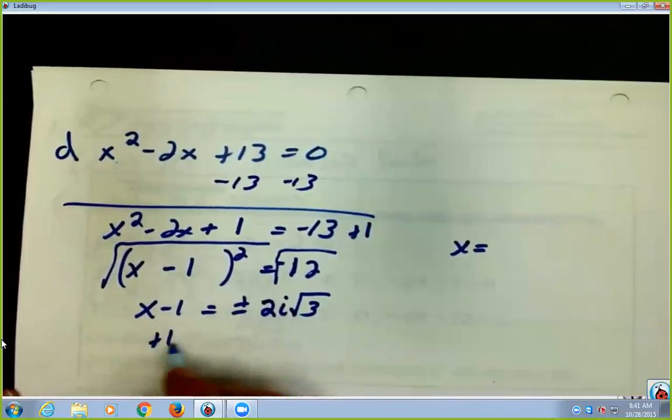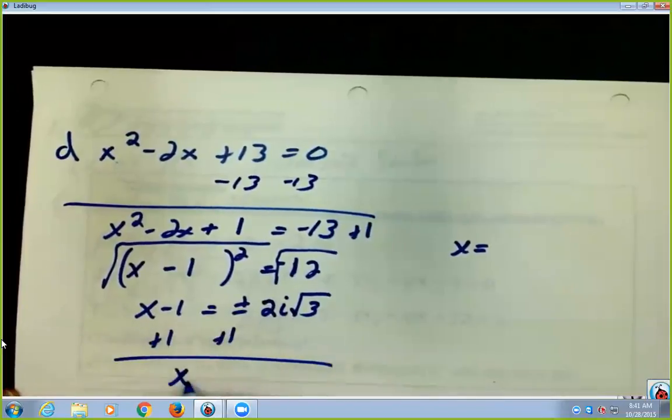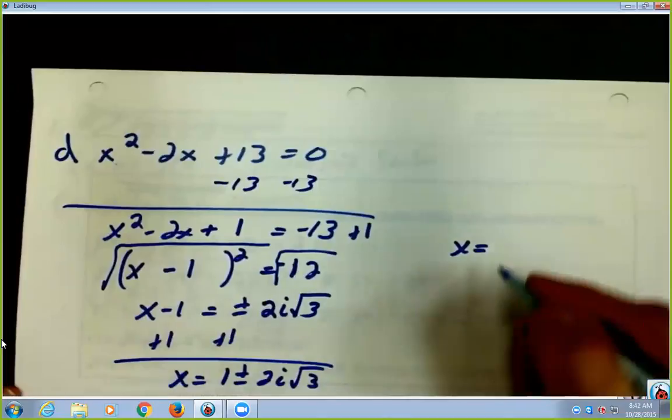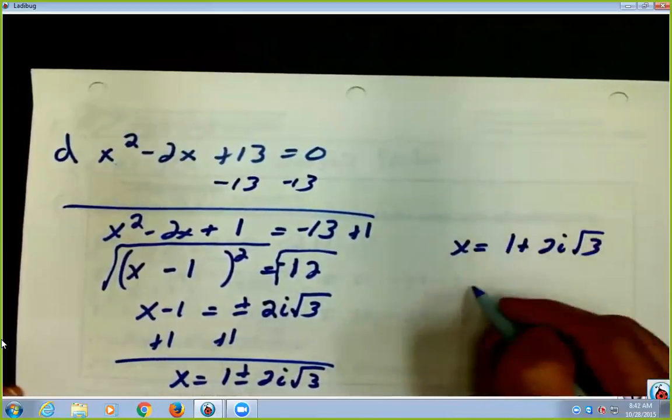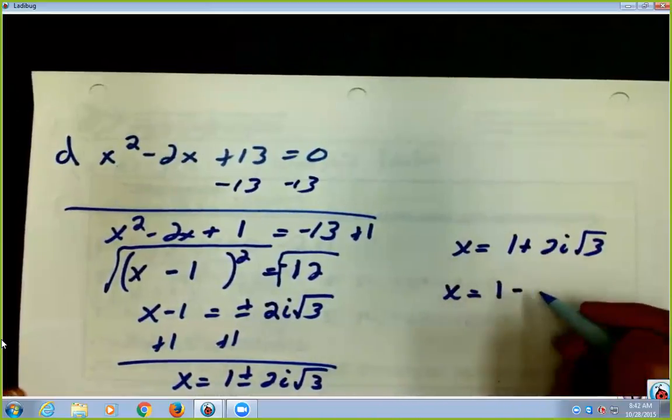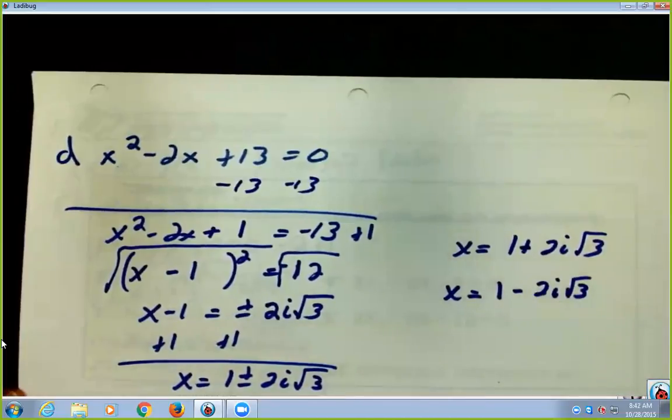And then finally, add 1. And so x would equal 1 plus 2i, the square root of 3. And x would also equal 1 minus 2i, the square root of 3.